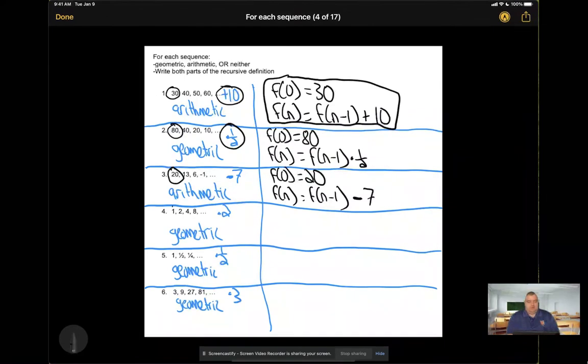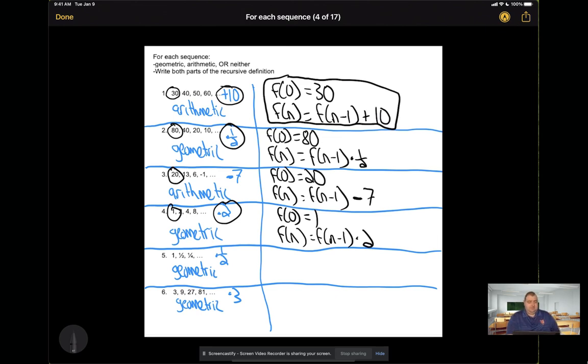Number 4, our starting term is 1. So we'll say f of 0 equals 1. And then f of n equals f of n minus 1. And what was the pattern here? To multiply by 2. So times 2. Okay.